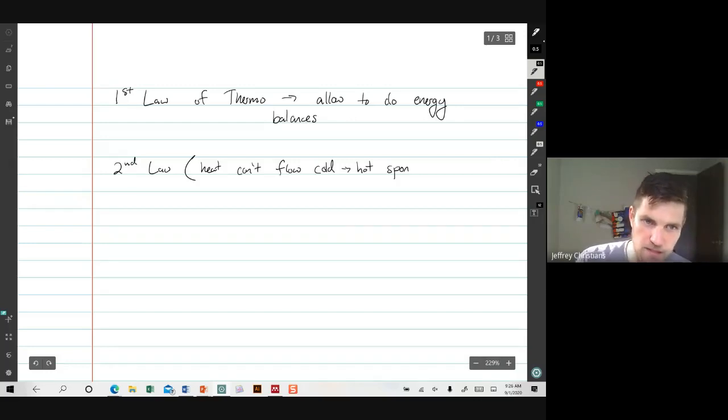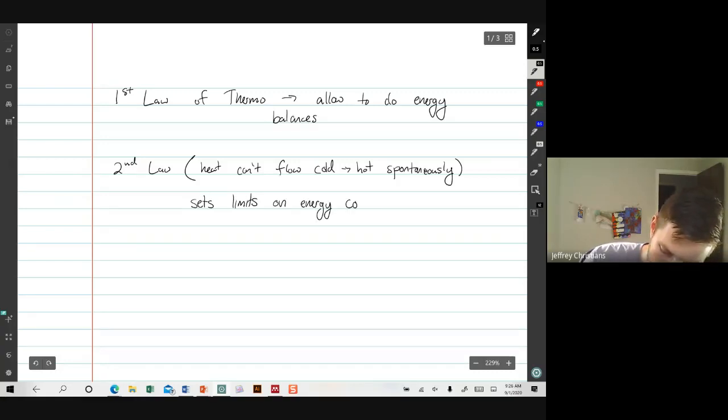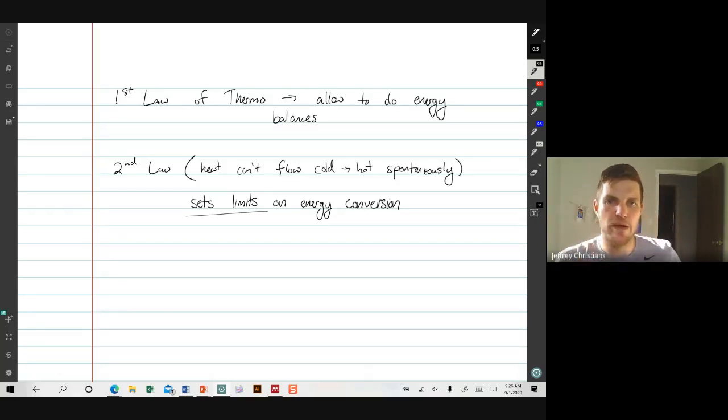This is kind of the definition that we've typically been using: heat can't flow cold to hot spontaneously. So the first law tells us that we can do energy balances. The second law sets limits on what we can do, on how much energy we can change from thermal energy into mechanical energy.